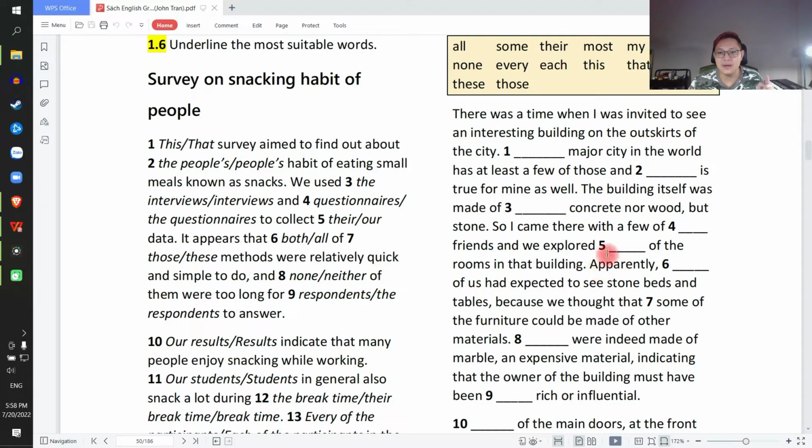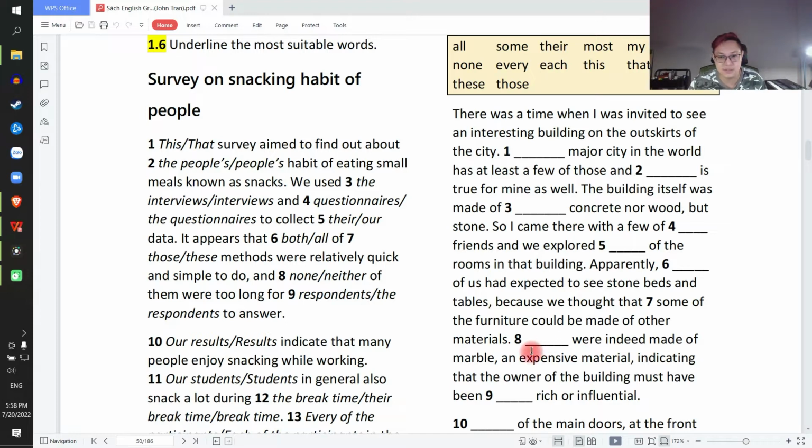Apparently, none of us had expected to see stone beds and tables, because we thought that some of the furniture could be made of other materials.